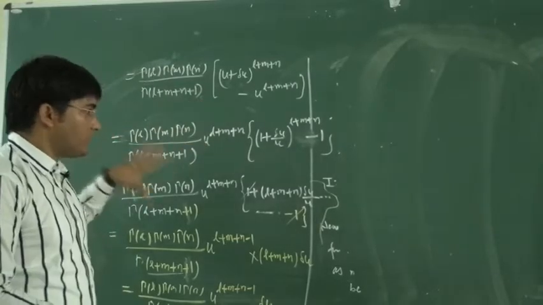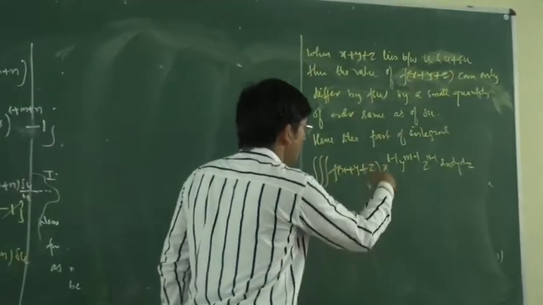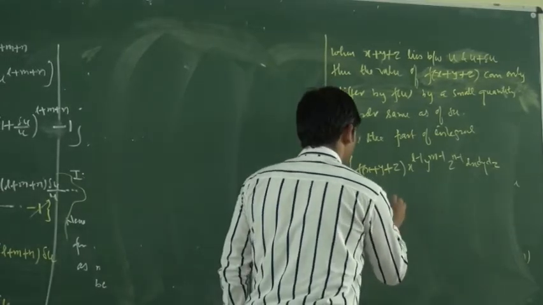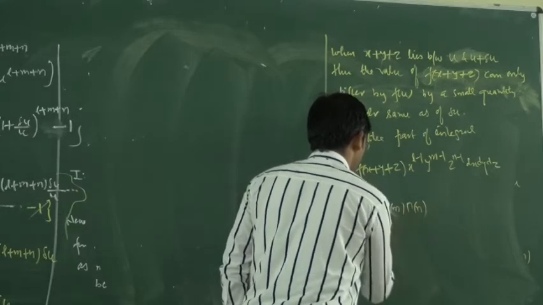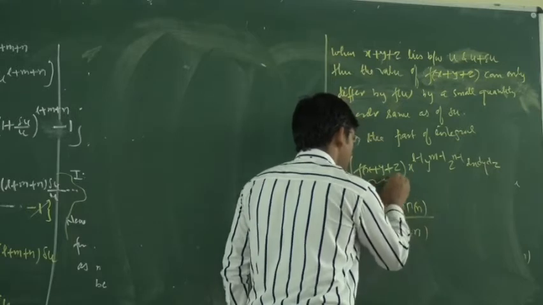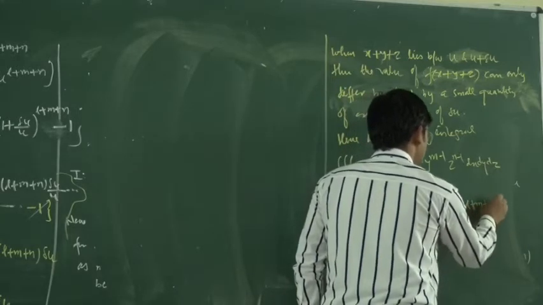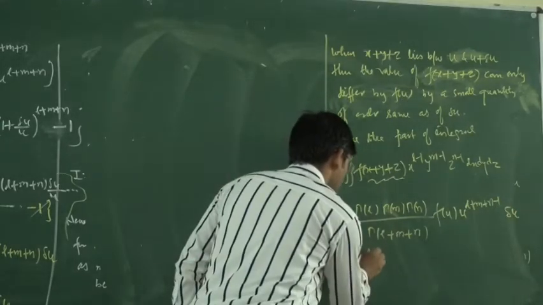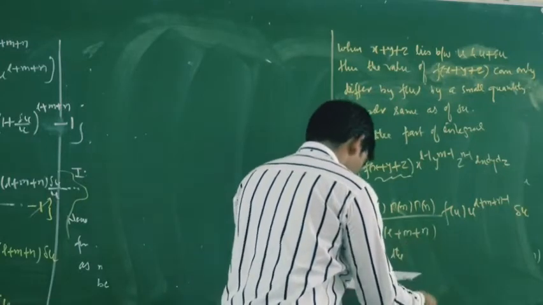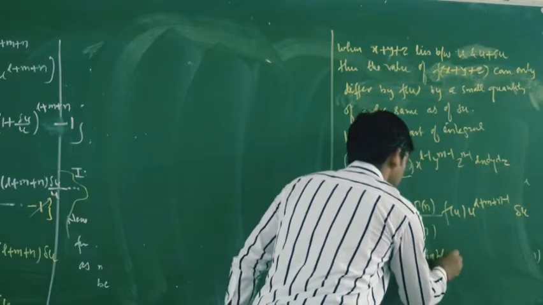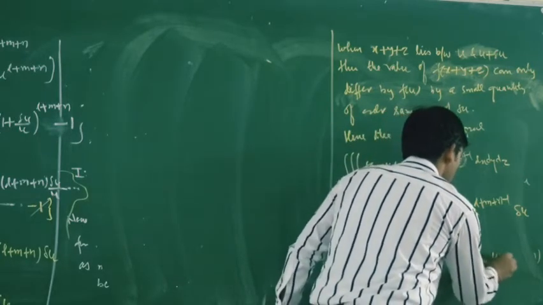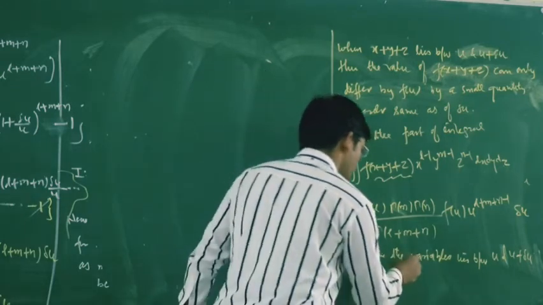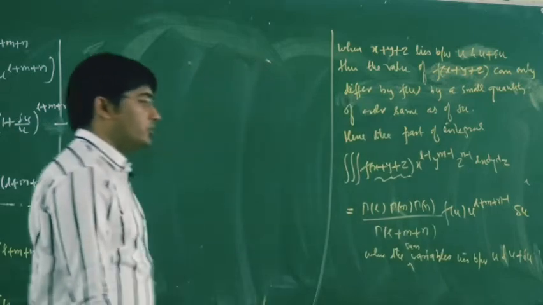So the value extended for u plus delta u will give you the value of some part of the integral as gamma L, gamma M, gamma N upon gamma L plus M plus N, then we will have f of u and then u power L plus M plus N minus 1 multiplied by delta u, where the sum of variables lies between u and u plus delta u.